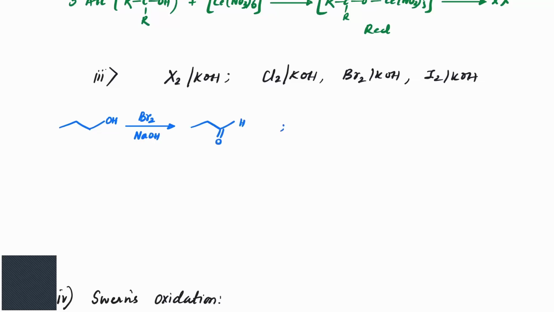But same thing if you have an alcohol with a methyl group present on it like this, then the same bromine in NaOH will give the haloform reaction. Haloform reaction is when this will become acid and that methyl carbon will convert into haloform.